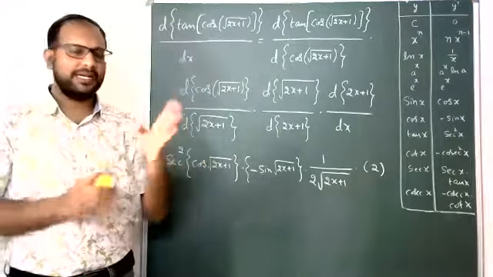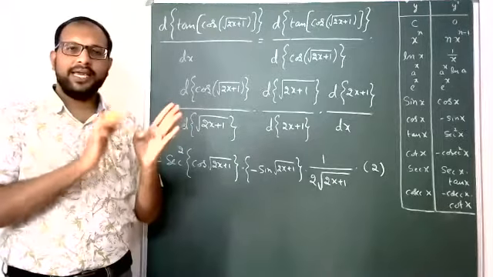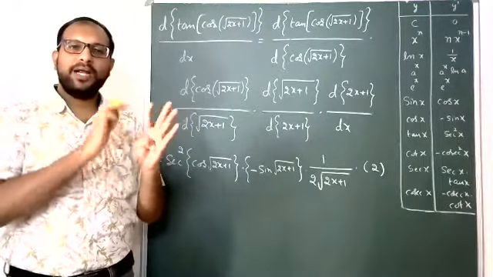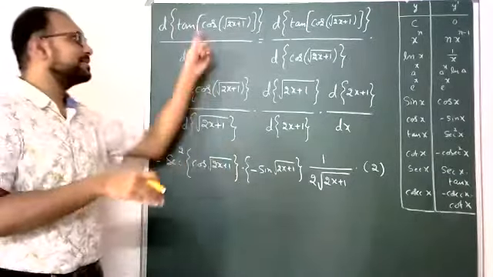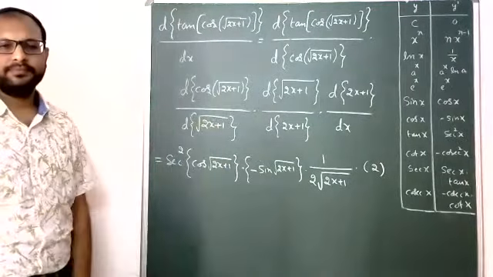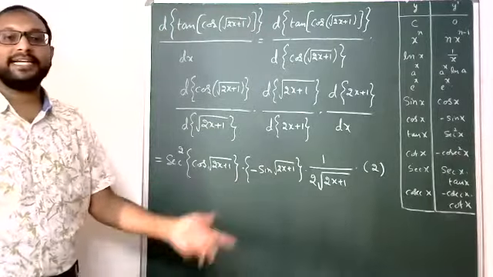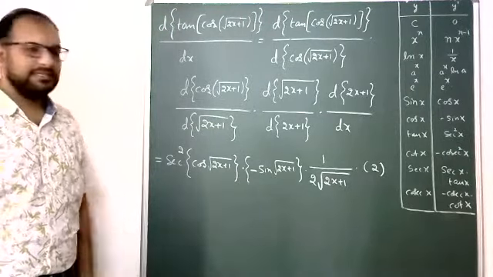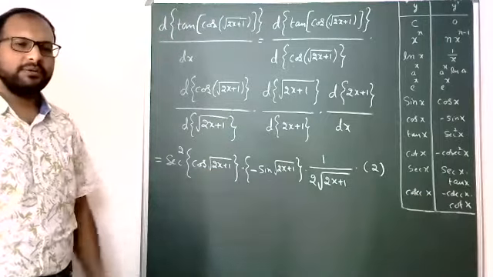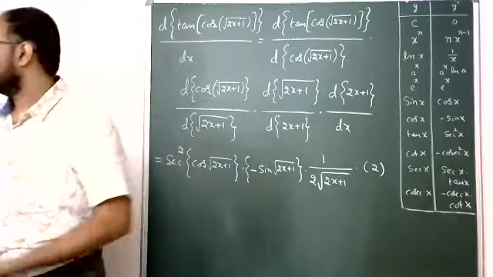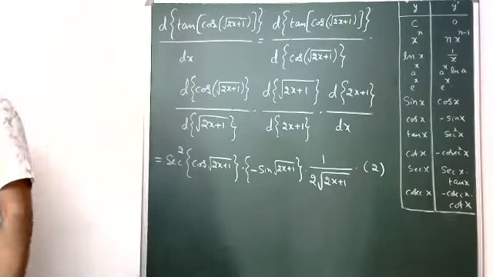Yesterday we covered rule number 1, rule number 2, rule number 3, rule number 4. Along with that, this is rule number 5, chain rule, but for complicated functions like this. I am closing the chain rule, moving to another principle.